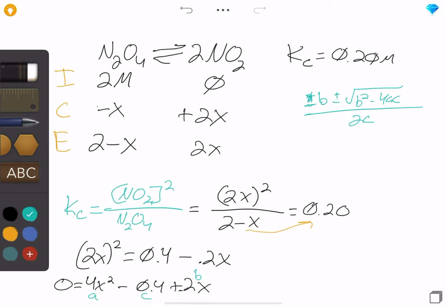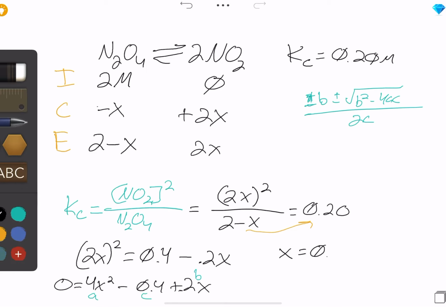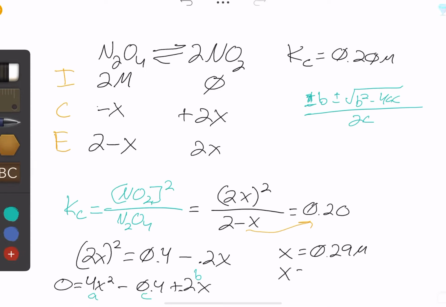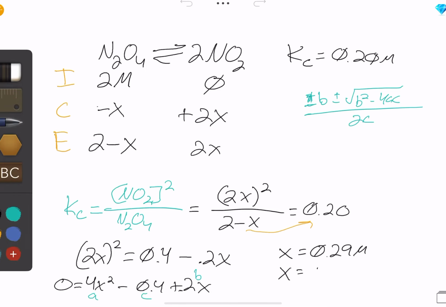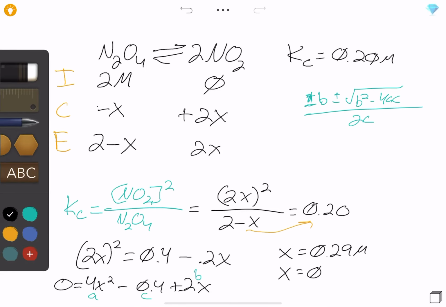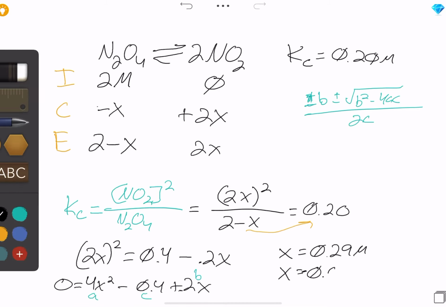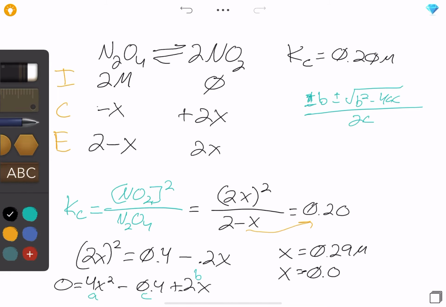So in the first case, x is equal to 0.29. In the second case, x is going to be negative, it's going to be negative 0.34. And that's molar.